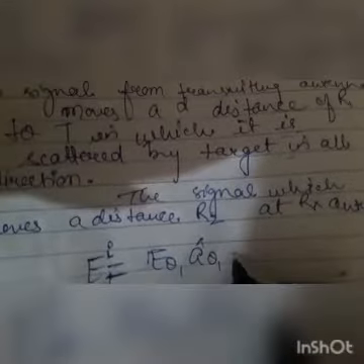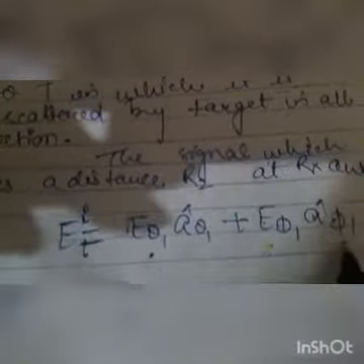denoted by subscript i. Ei is equals to E theta 1 A theta 1 plus E phi 1 A phi 1. Okay, where E theta 1 is the complex amplitude of incident wave, E phi 1 is the amplitude of incident field in the direction of phi 1 and it is direction of theta 1, and A theta 1, A phi 1 are the unit vectors.